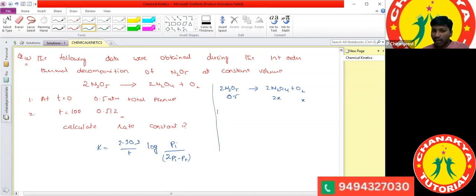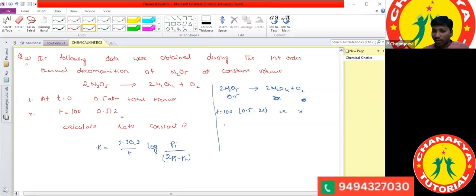And at time t, t is equal to 100, how can we write it? 0.5 minus 2x, and 2x and x. Actually, for the initial pressure, the products will be 0, 0 only. There is no value for the products at the initial time. Now it is clear. Okay. So at the initial time, 0.5 has a 0 and 0. And at t equal to 100, the pressures you will get as 2x and x.